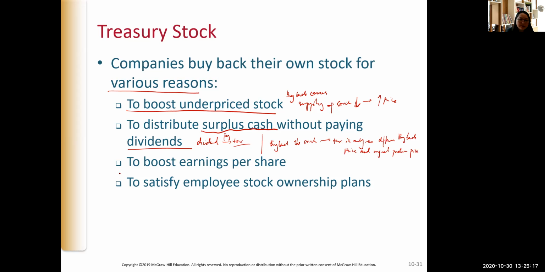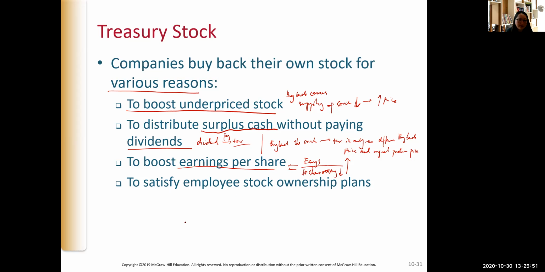The third reason you might want to buy back your stock is to boost earnings per share. Earnings per share equals earnings divided by the number of shares outstanding, right? So when you decrease the outstanding shares, this ratio goes up, which is a very important signal you want to send to the market that your company is doing well.